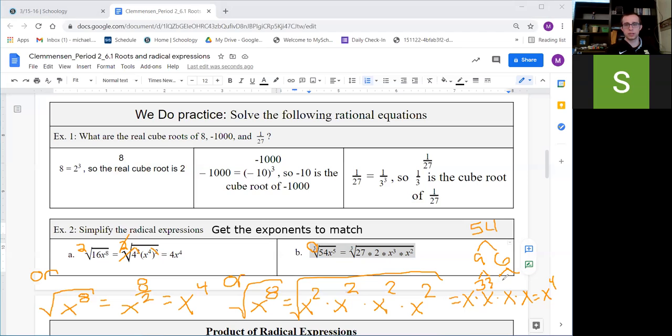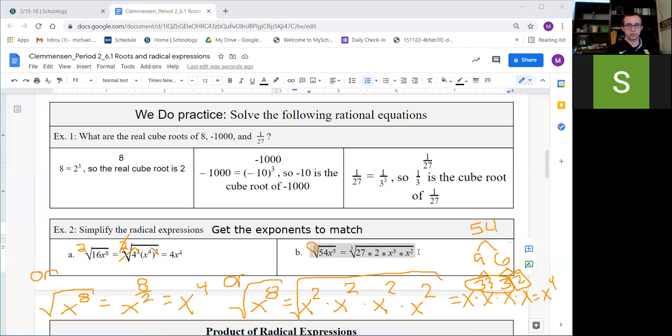And 6 can be rewritten as 3 times 2. And with these factor trees, I'm always trying to find whatever powers connect. So in this case, I had 3 3s. I want 3 of them. So I got all 3 3s, and then I have a 2 left over. 3 times 3 times 3 gave me 27, 2 left over.